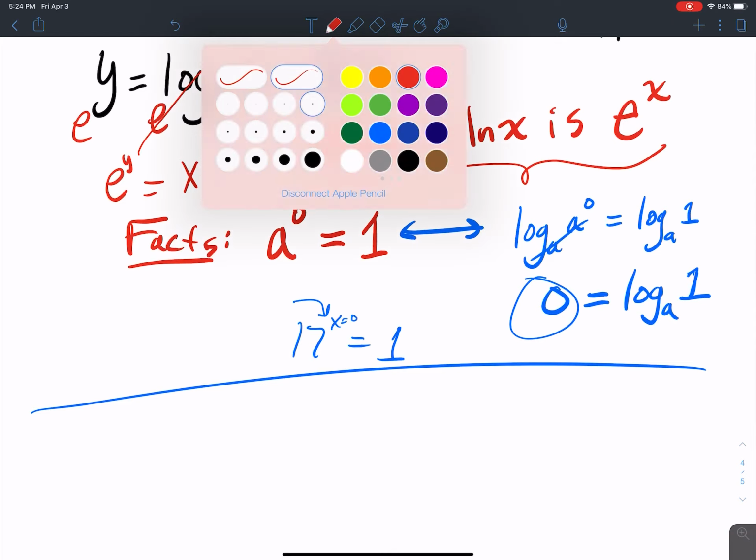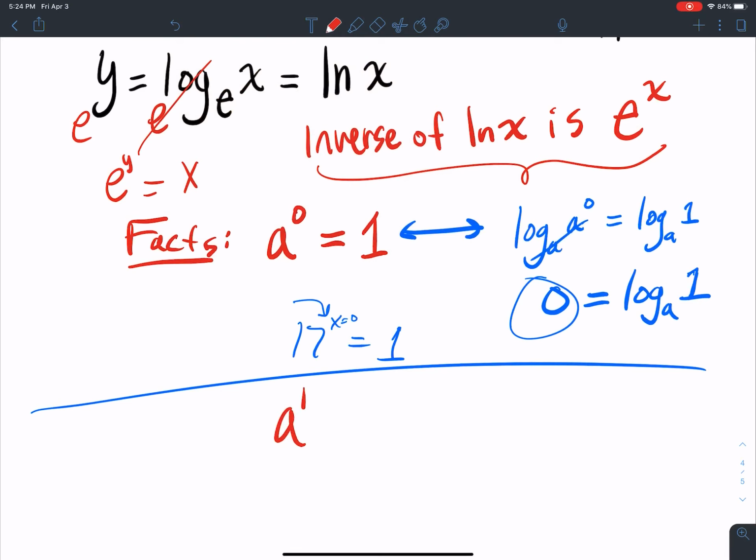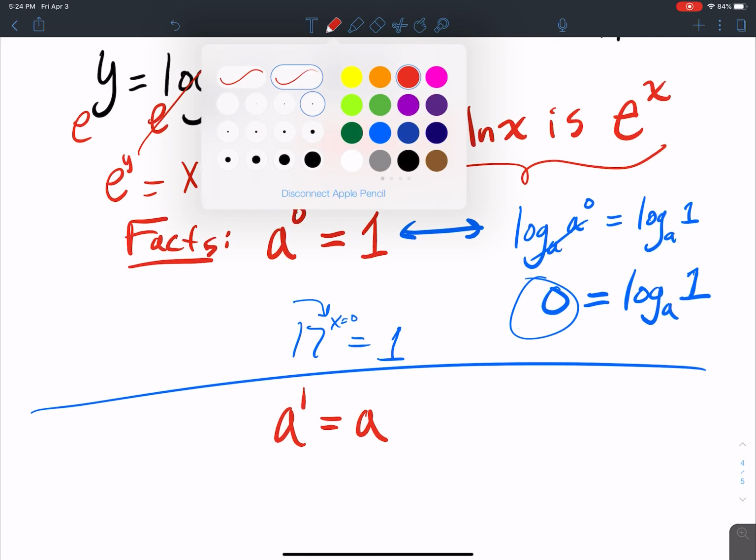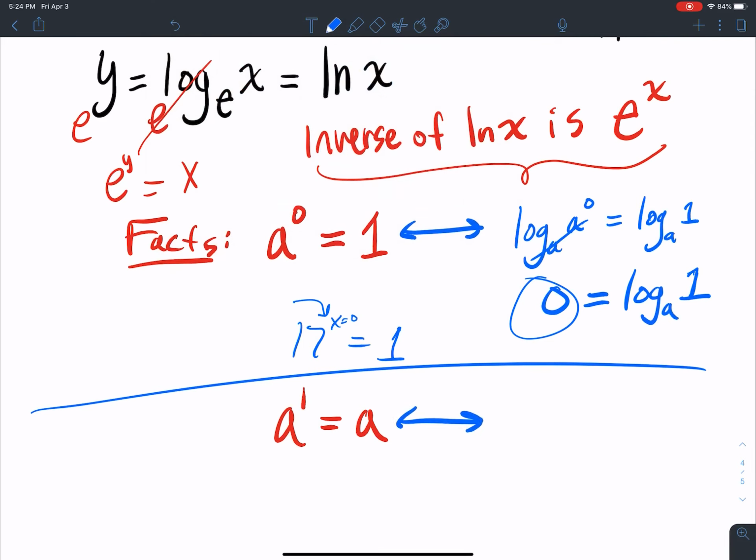Another fact is a to the 1 equals a, which seems pretty obvious. But in log form, maybe not so much. I log base a both sides. And what do I get? Log a, those cancel. So I get 1 equals the log base a of a. Now this is very important to us. We've been using this trick the whole time without knowing it.